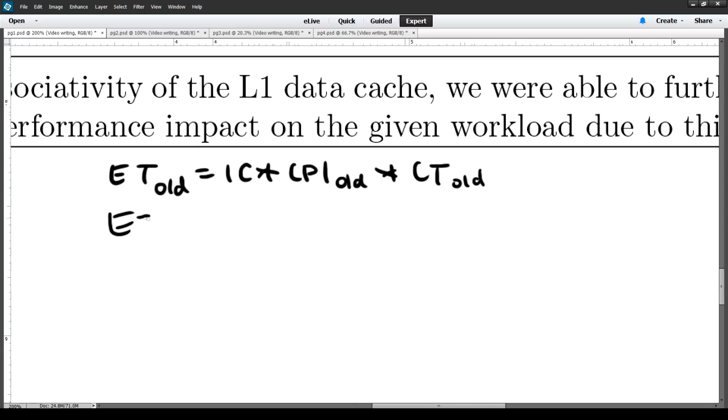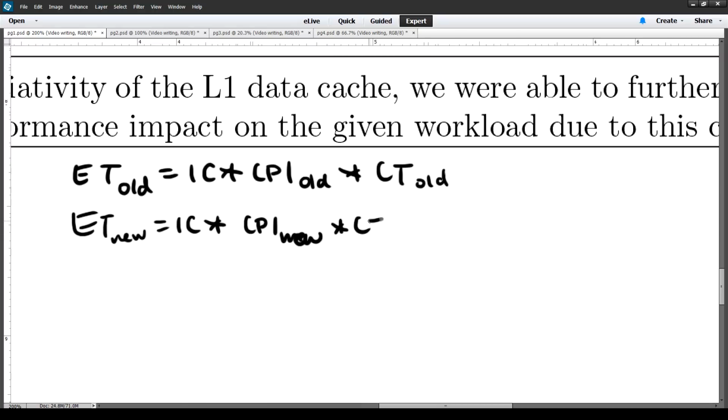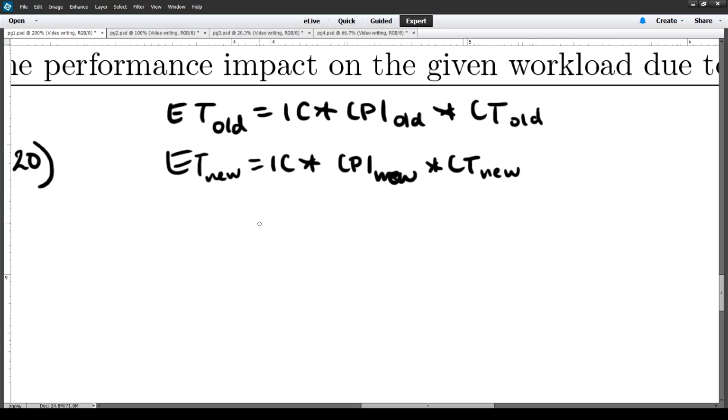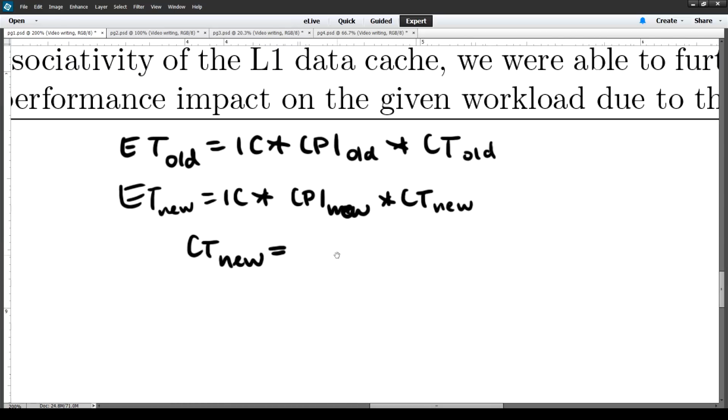Execution time new equals instruction count times CPI new times the cycle time new. And from the equation that we found in 1a, cycle time new equals, and here I'm going to use the actual value instead of the rounded value that I found, 1.2286 times the cycle time old.